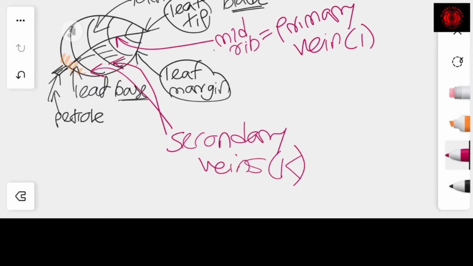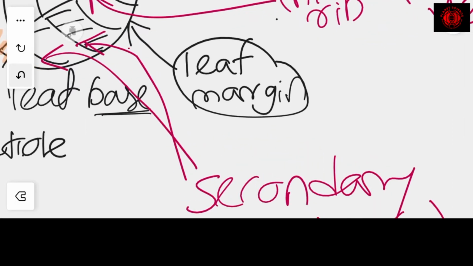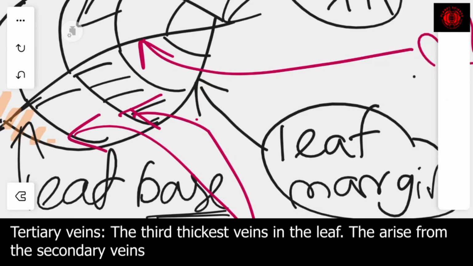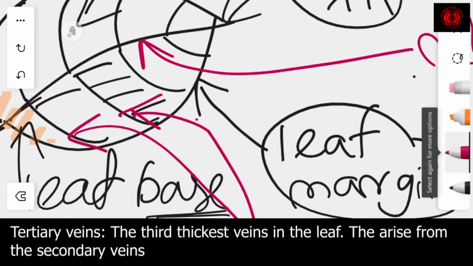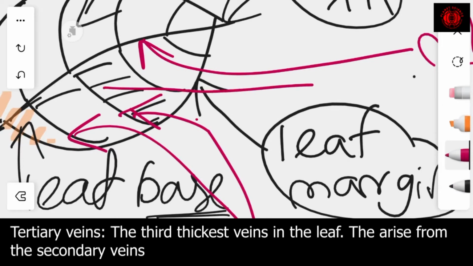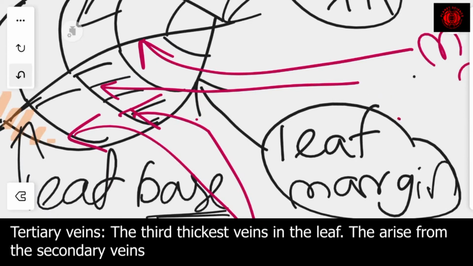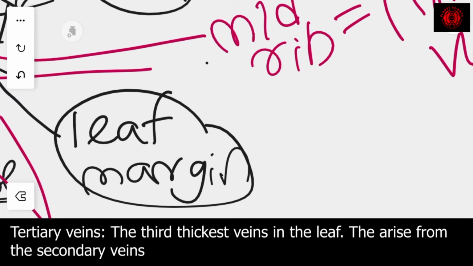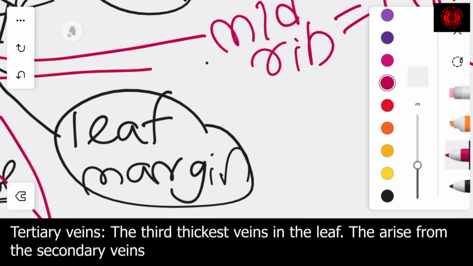And from those secondary veins we can find some other veins like that. We call these small veins tertiary veins.